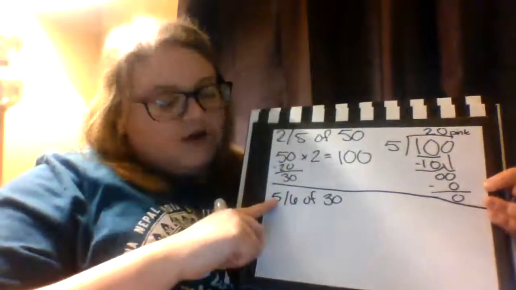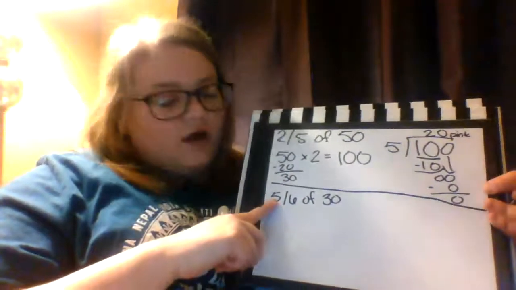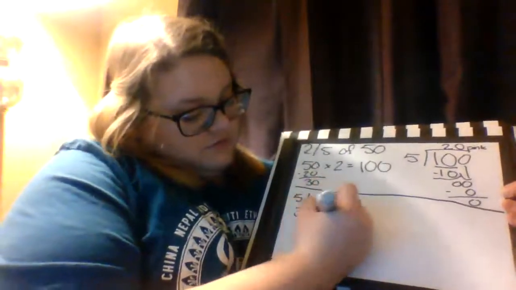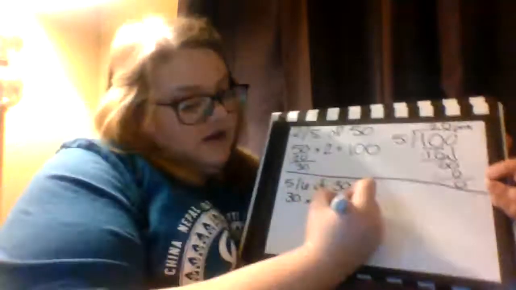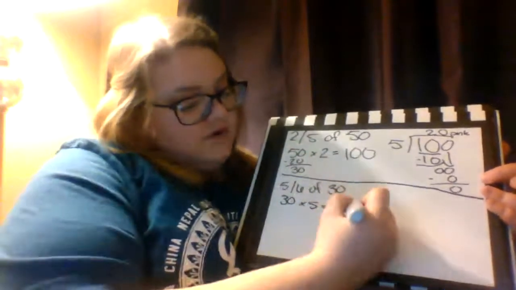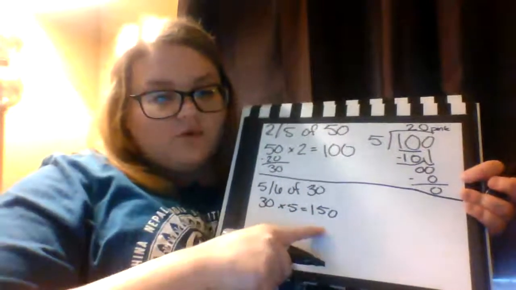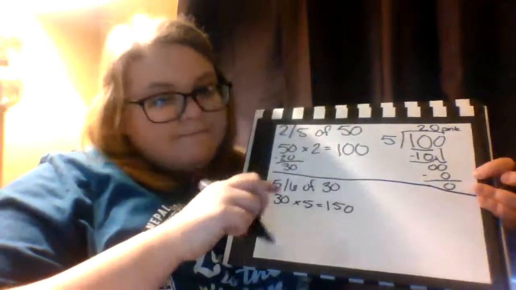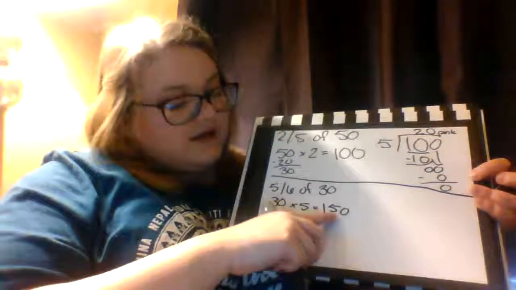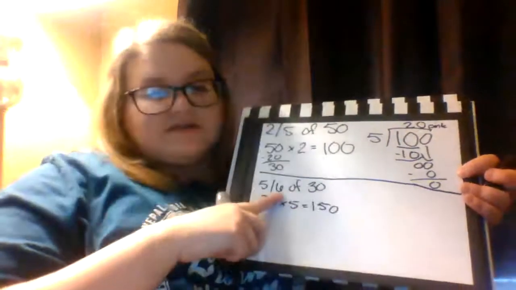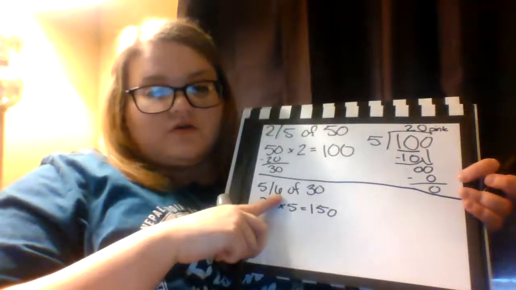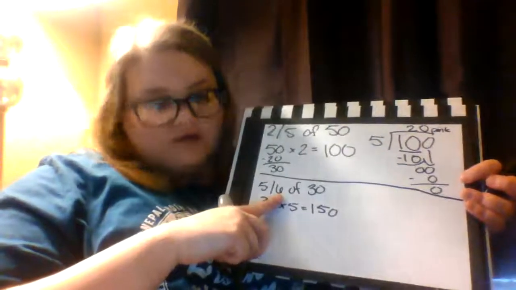Here is my numerator, the 5, and I'm going to multiply that by 30. 5 times 3 is 15, and I have a 0 left. So I get 150. Now I'm going to take this 150 and divide it by the 6, which is my denominator. You can remember denominator, divide. So we're going to take 150 and divide it by 6.